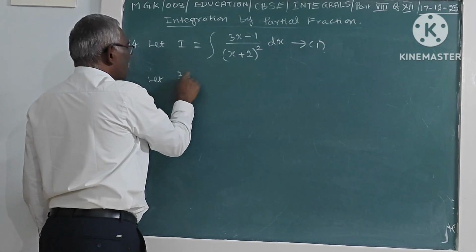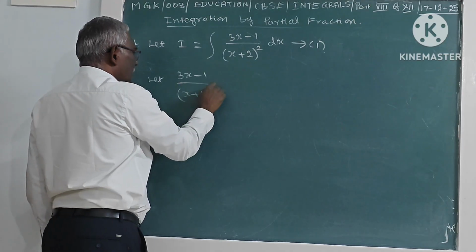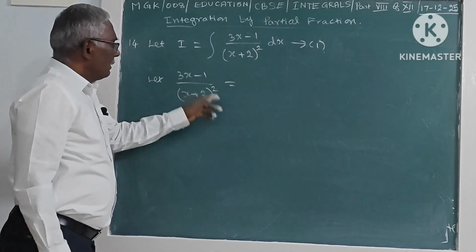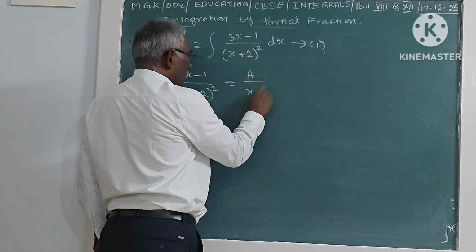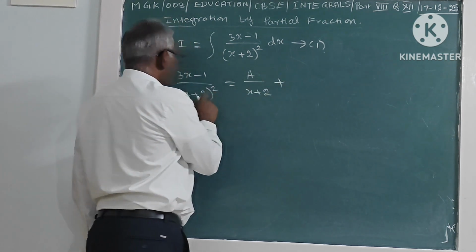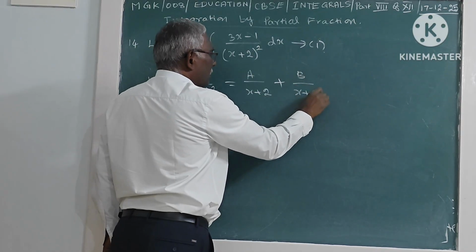Like 3x minus 1 by x plus 2 whole square can be written as a by x plus 2 plus b by x plus 2 whole square.